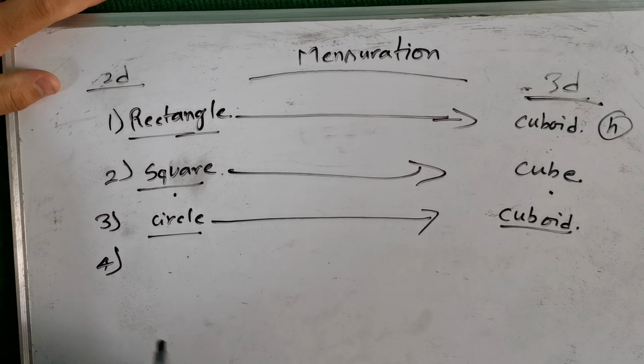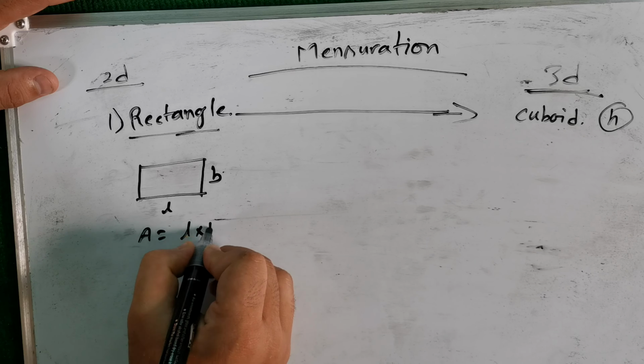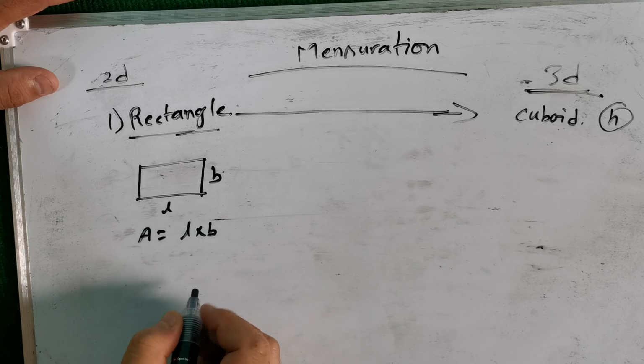Now we will talk briefly from rectangle to circle, and 2D and 3D version. Let's make a diagram. L, B. What is the area of rectangle? L into B, as you all know.